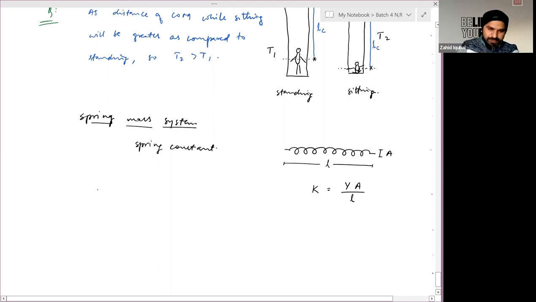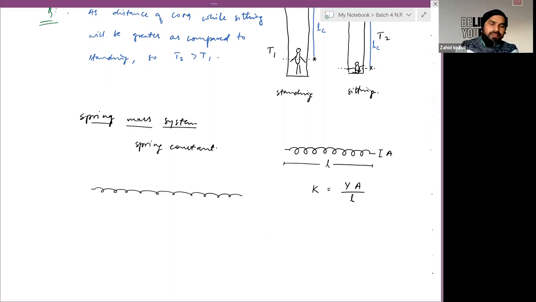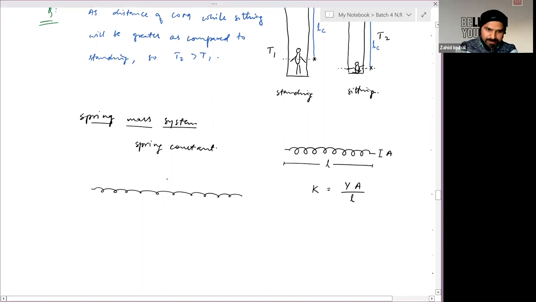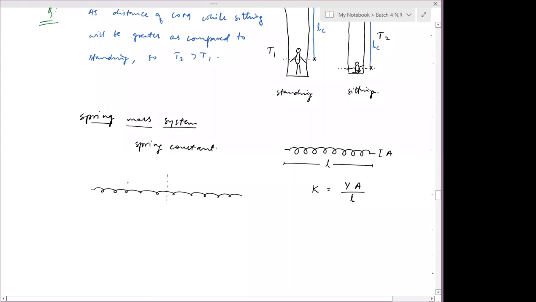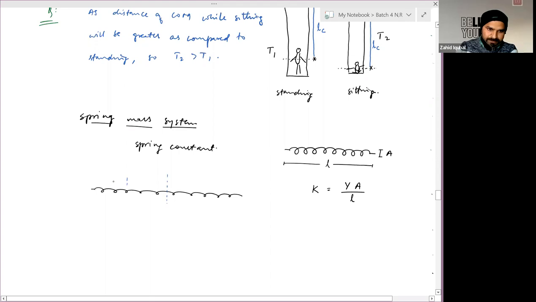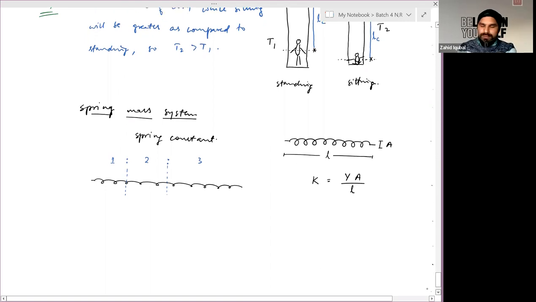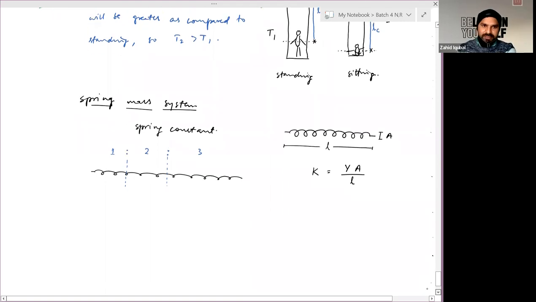So you'll be asked, suppose a spring is divided into some segments like this. What is Y? Y is elasticity, Young's modulus. Let's say the ratio of division is 1:2:3. You'll be asked, what will be the spring constant of these three different segments?